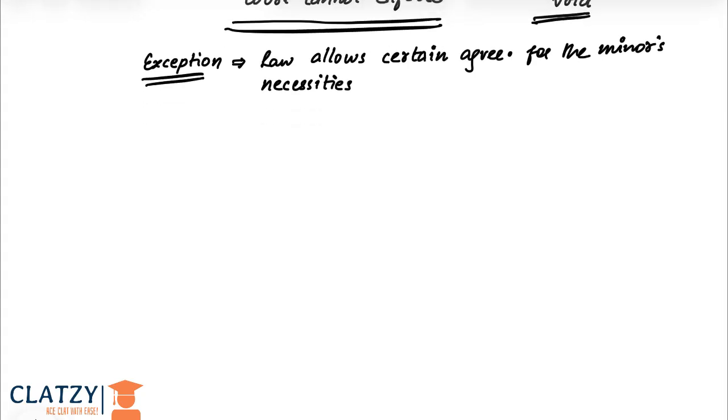Now imagine this. First ask yourself a question. Why is an agreement with a minor void ab initio? Why do you think law considers minors as incompetent? Okay. Why does the law treat minors as incompetent as far as an agreement is concerned?